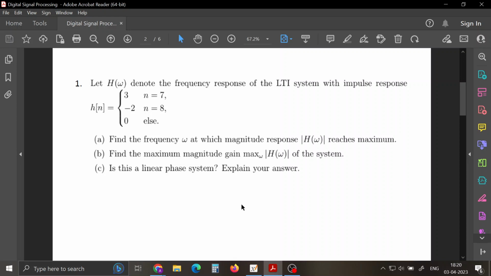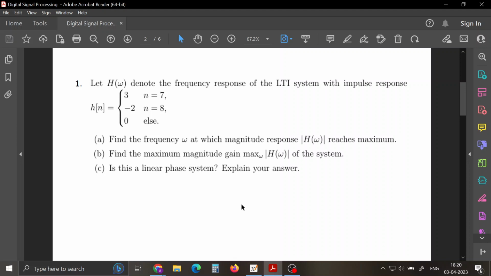In part A, we need to find the frequency omega at which the magnitude response, that is mod of capital H of omega, reaches the maximum value. So at what frequency does the magnitude response become maximum?